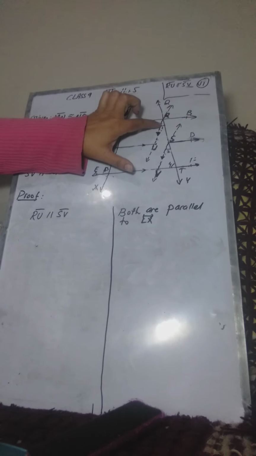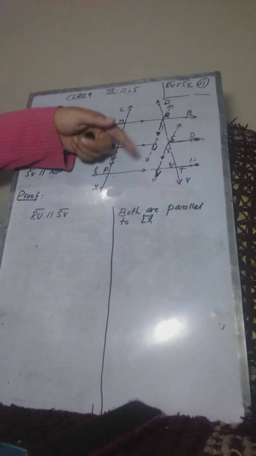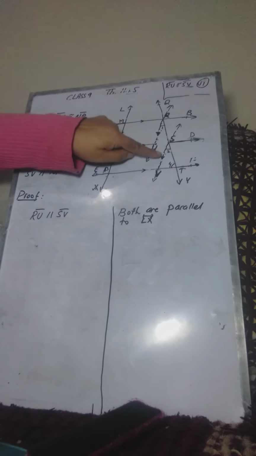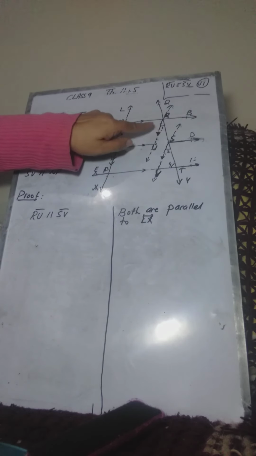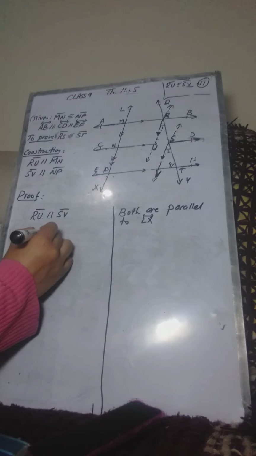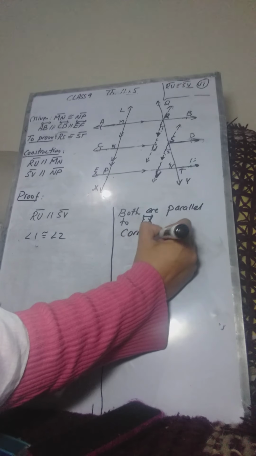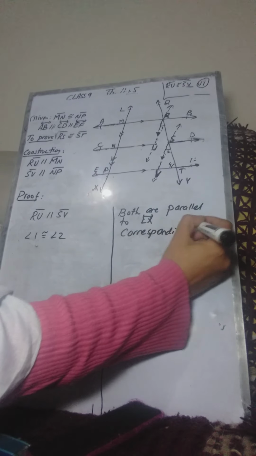Now if you observe closely, angle 1 and 2 are corresponding angles according to the definition which I have already explained. So angle 1 and 2 are corresponding angles, therefore they are going to be equal. Angle 1 will be congruent to angle 2 because they are the corresponding angles formed by these two parallel lines.